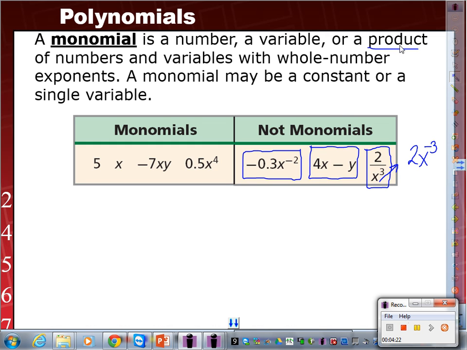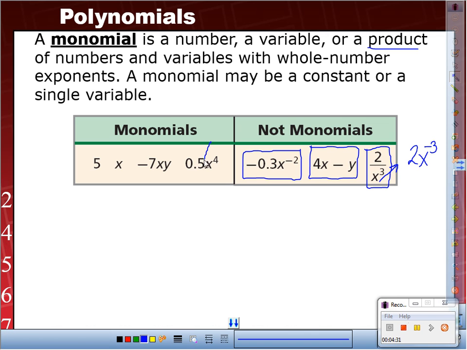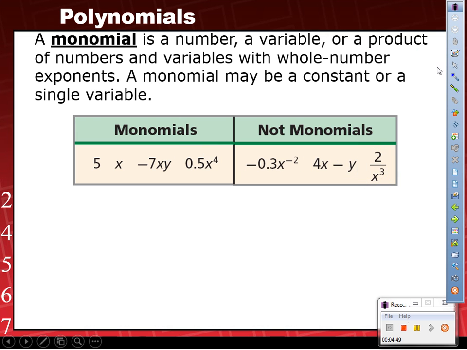According to the definition, it can have what? Product. What does product mean? Multiplication. This is multiplying, this is multiplying, but these right here are subtracting. So as soon as you see a subtraction or an addition of two different terms, then it's not a monomial. Are we there?